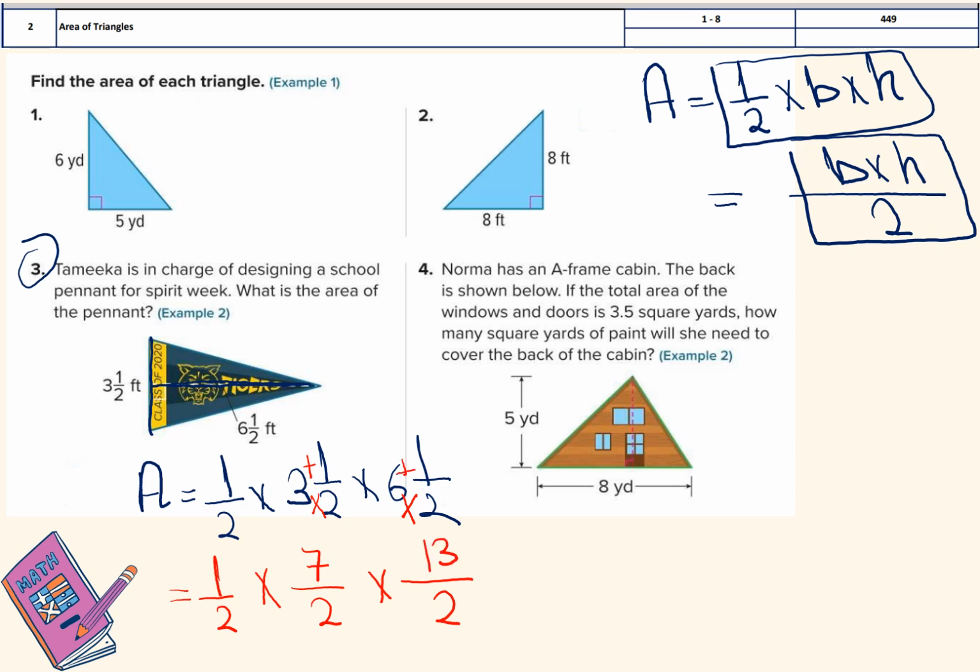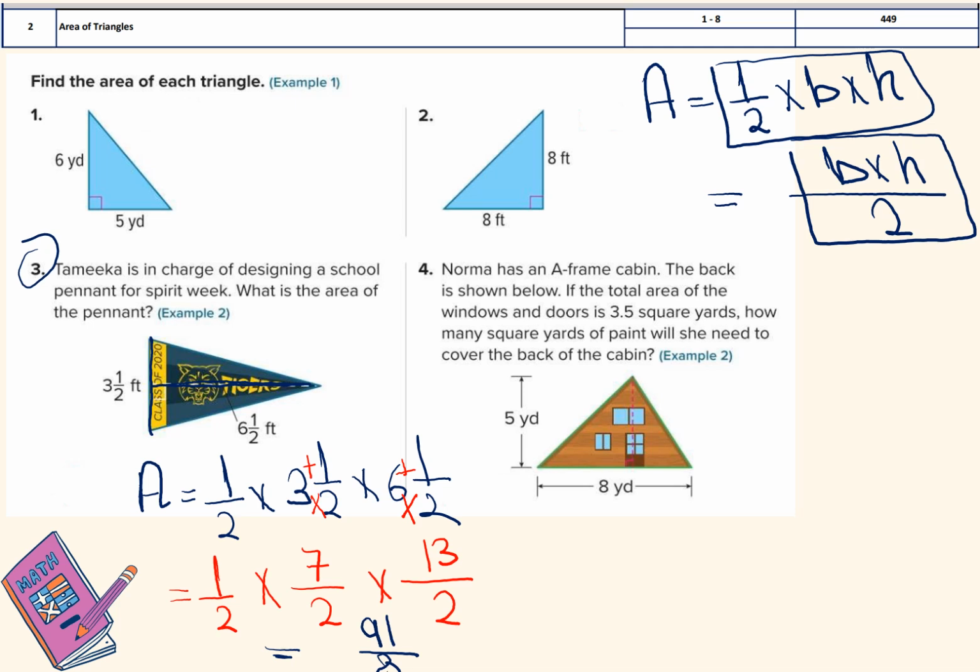Then, to multiply fractions, we need just to multiply numbers on the top together and numbers in the bottom together. So I'll be multiplying 7 by 13 times 1, which is 91, over 2 times 2 times 2, which is 8. So 91 over 8.